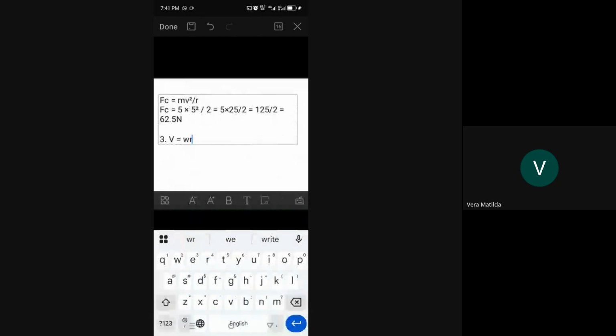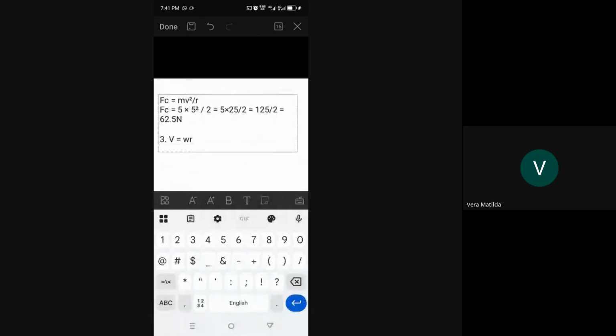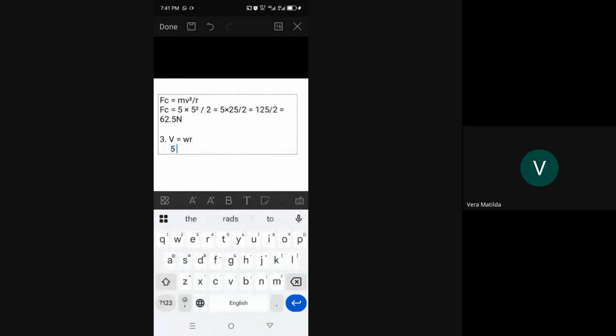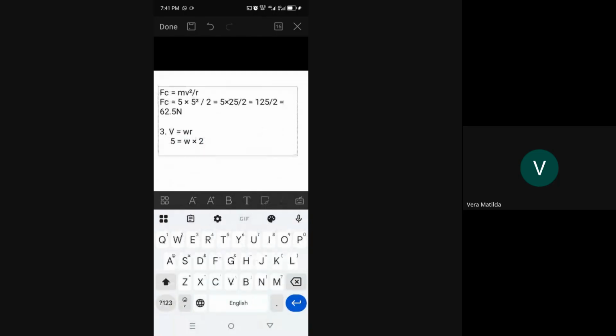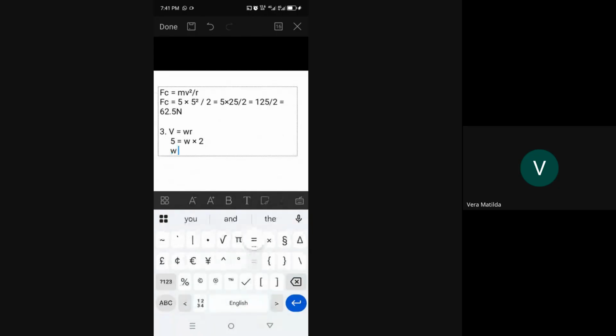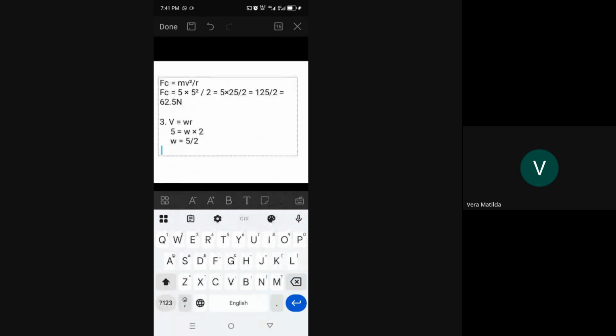So your V now is 5. So 5 is equal to angular velocity times radius, which was given to be 2. Just make your angular velocity the subject. If you divide both sides by 2, 5 over 2, then you have your answer.